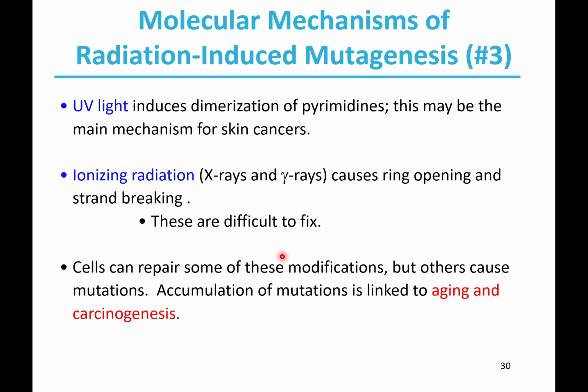And that's where you have the more acute radiation sickness, where it's not a mutation and cancer that you're worried about. It's actually like you're dying because so many of your cells are being killed off because of that DNA damage. Okay. It's thought that some of these modifications can be repaired. Others will lead to these mutations, and the accumulation of mutation is really what's linked to aging and also cancer formation.